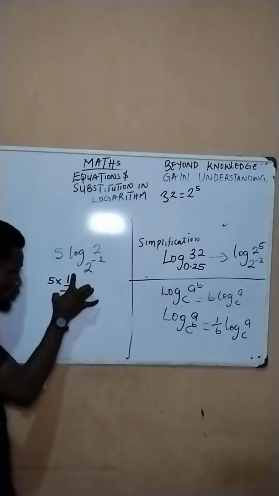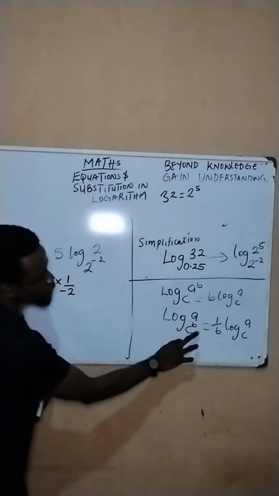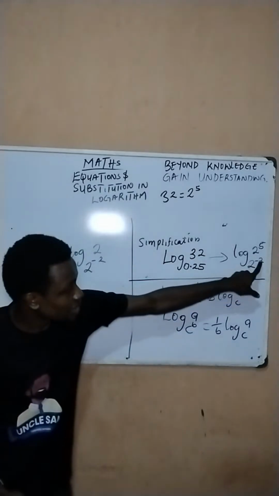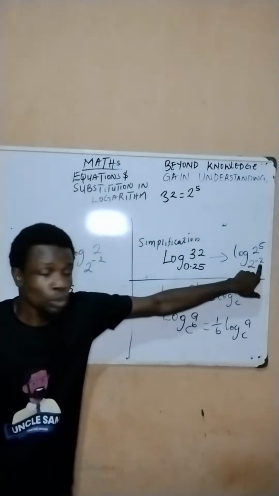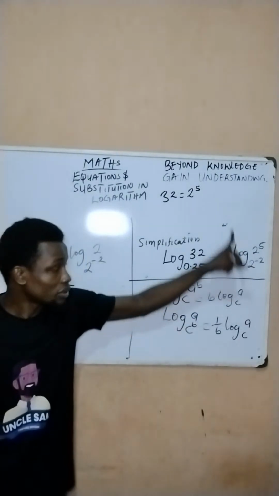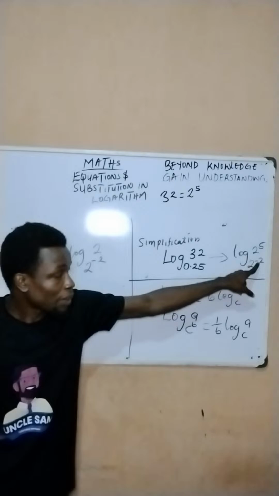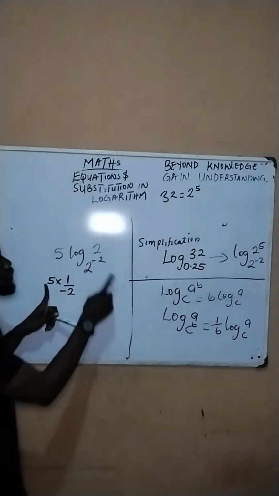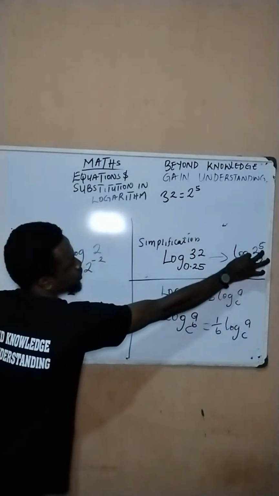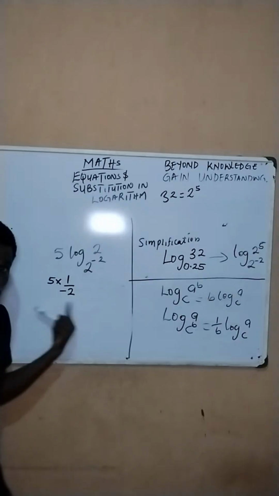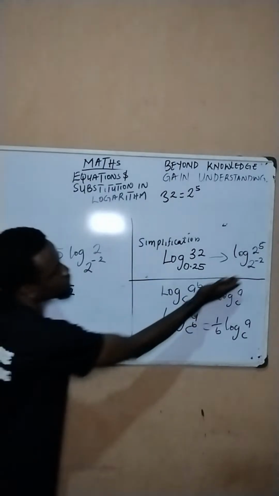This 1 over minus 2 is coming from the power of the base. Because here the base has a power of negative 2. So remember, it will now change to become the inverse or the reciprocal of the power, multiplying the log or becoming the coefficient. So that is it. This 5 is for the log itself, which is log 2 raised to the power of 5. Then this inverse or reciprocal of negative 2 is what we have for the base.